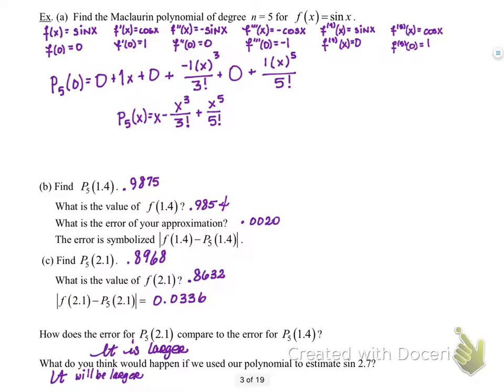Make sure that your calculator values match with my calculator values for the approximations, the actual function values, and the errors. And make sure that you understand that the farther you are away from the center, the greater your error is going to be.